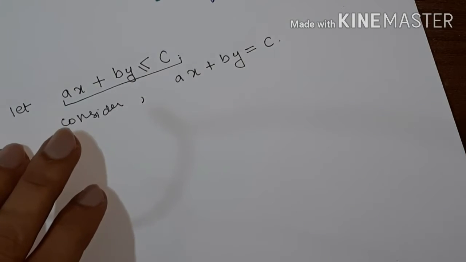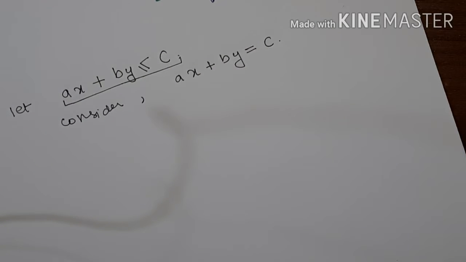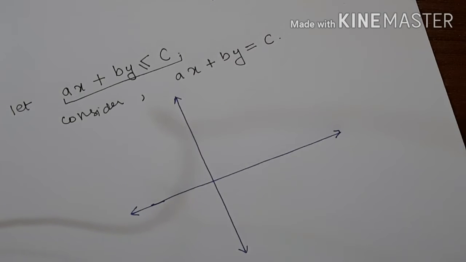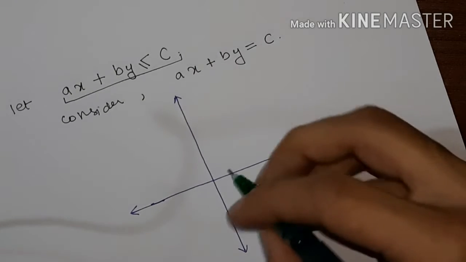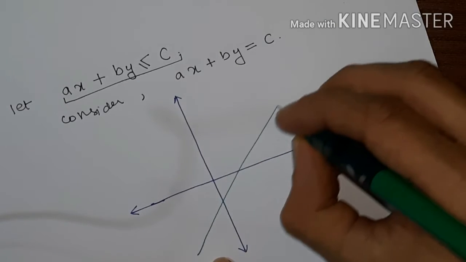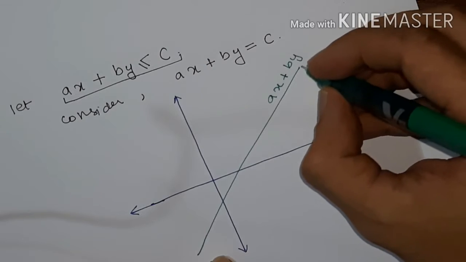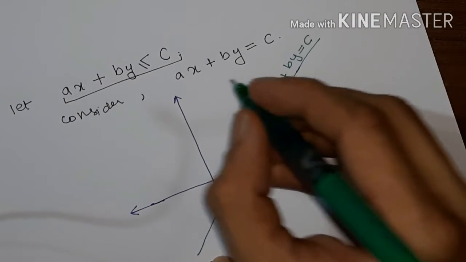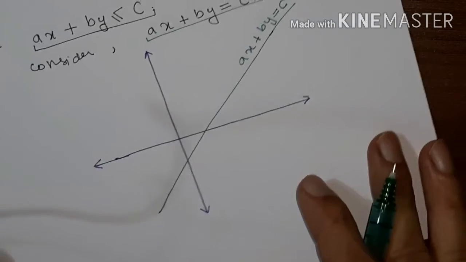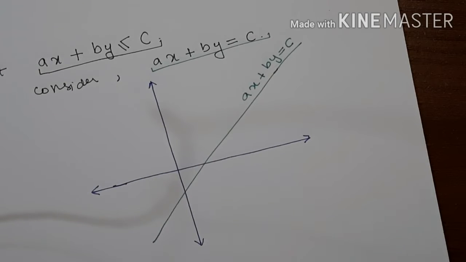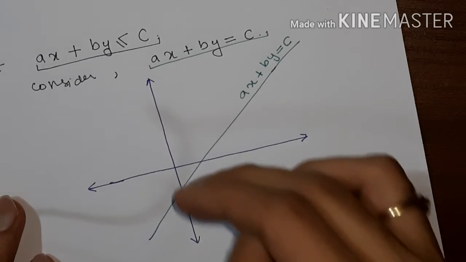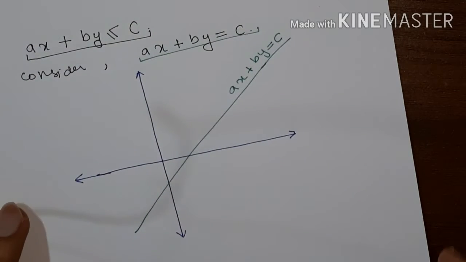Now suppose we draw this on the coordinate axis, and suppose you have the line ax plus by equal to c. This line will divide the coordinate axis into two regions, the upper half plane and the lower half plane.